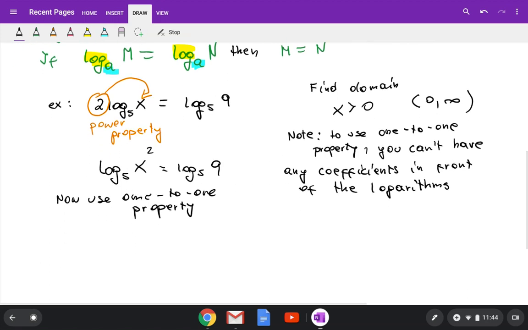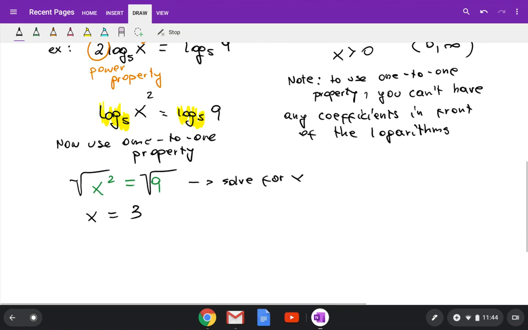Look what happened. We have logs on both sides, and the most important thing is that they have the same base. That means x squared has to be equal to 9. Now you just solve the equation for x. We take the square root of both sides, and we end up with x equal to 3, x equal negative 3.